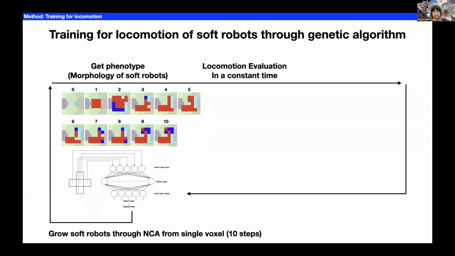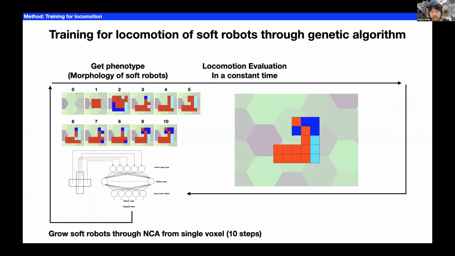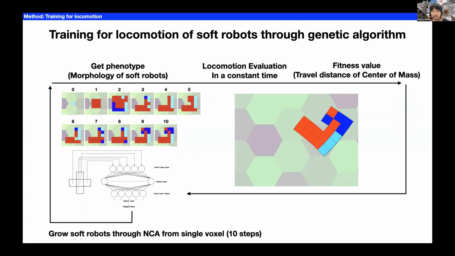And we evaluate locomotion in a constant time like this, and calculate the fitness value. In this experiment, the fitness value is the travel distance of the center of mass of the soft robot. And then we evolve the weights of the genotype, and we repeat this cycle for each generation.